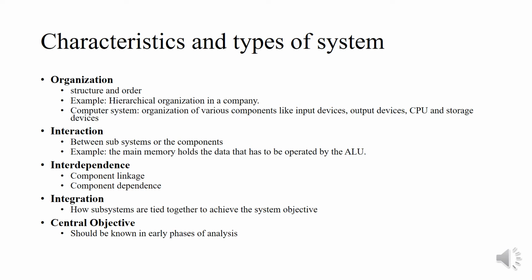Characteristics and types of system. The organization. How do you define the organization? The organization should have a structure. In structure, the order of the different components should be defined. For example, in a company, there is a hierarchy of positions.